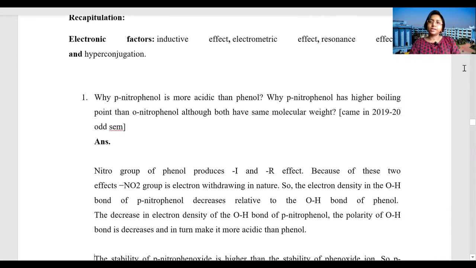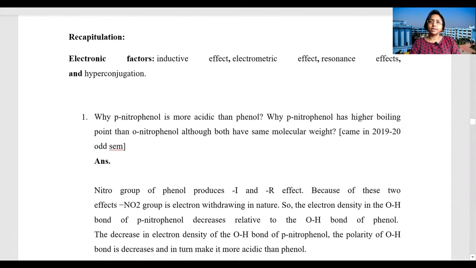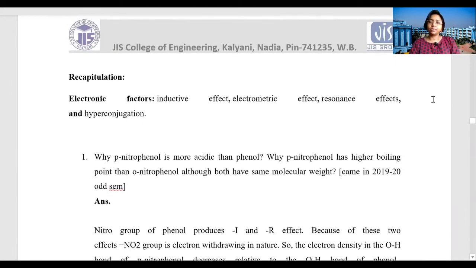In the starting, I would like to check how much you have learned from the previous lecture of organic reactions. That was on electronic effects: the inductive effect, the resonance effect, the electromeric effect, and hyperconjugation.